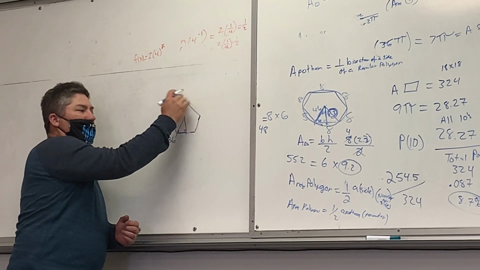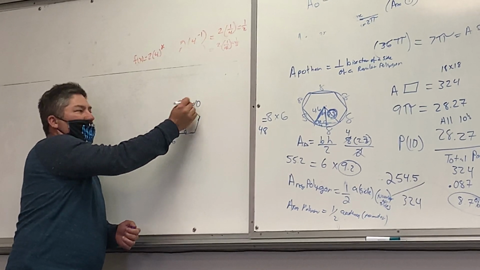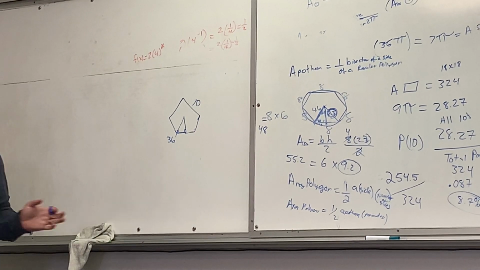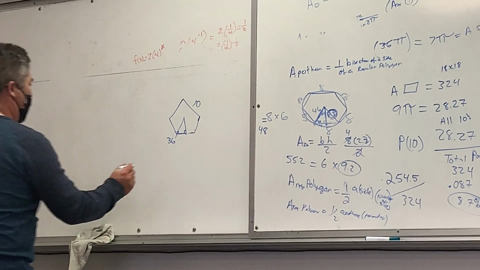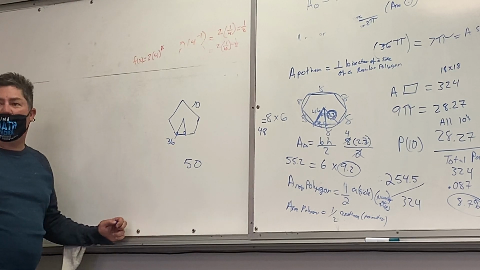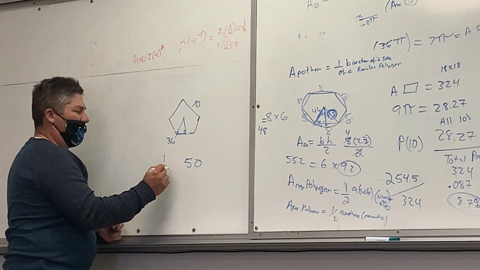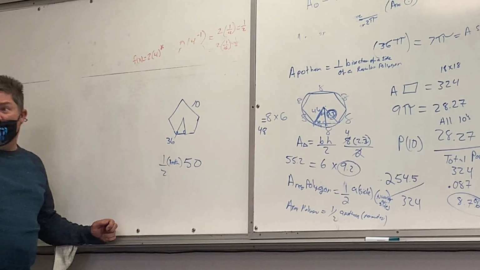I'm going to tell you that this pentagon has side lengths of 10. So every side length is what? 10. In fact, you already know the perimeter. What is it? 50 is the perimeter. Everybody agree that 50 is the perimeter? But I need half of that and then times the apothem. The problem is I haven't found the apothem yet.